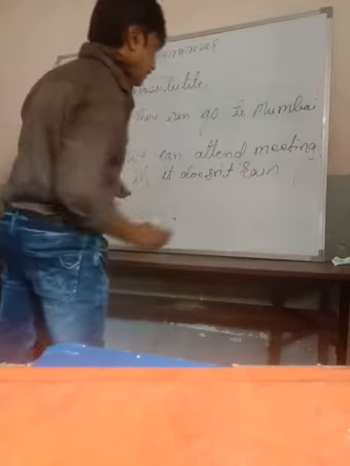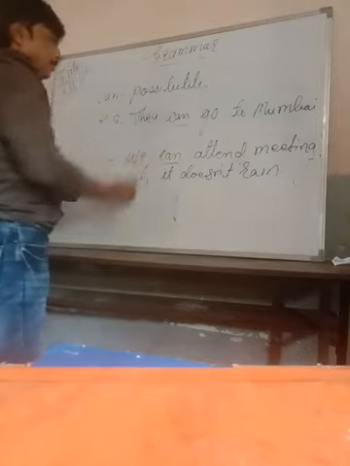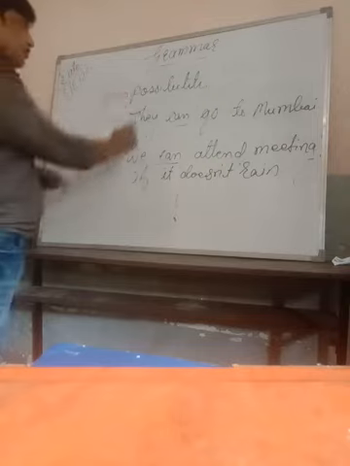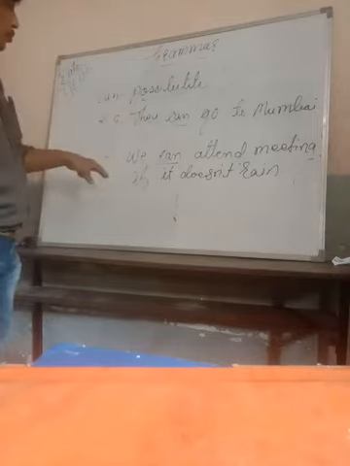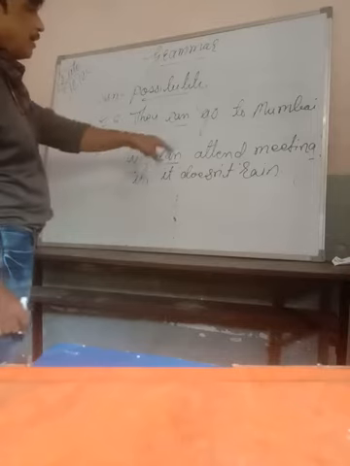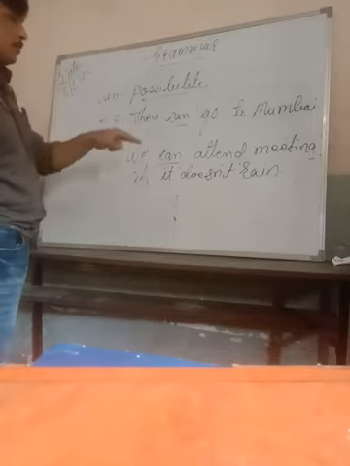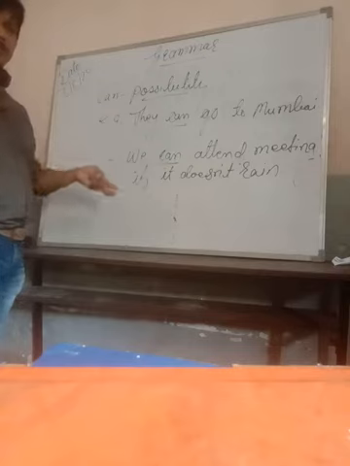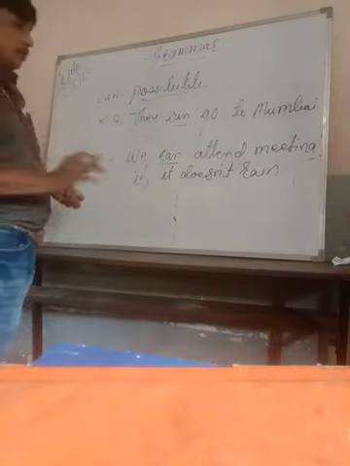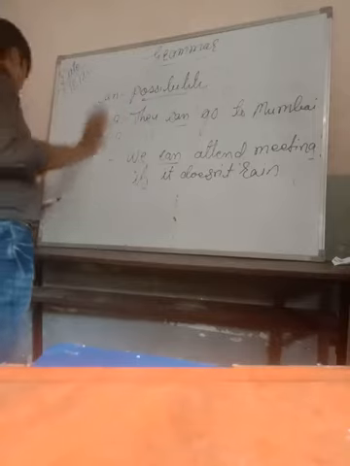See here in the sentence, can. You have to understand can so that you will understand its use. Here possibility is shown. So we took two sentences, showing ability and possibility. When it is possible, if it doesn't rain, we can attend the meeting. So here can shows possibility.